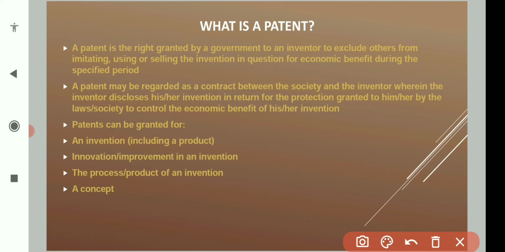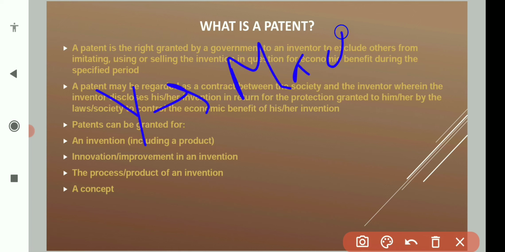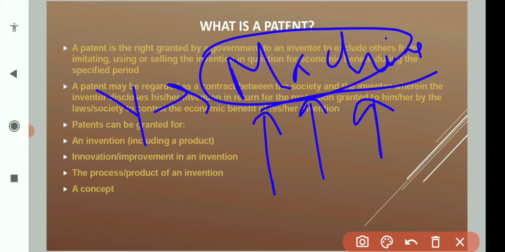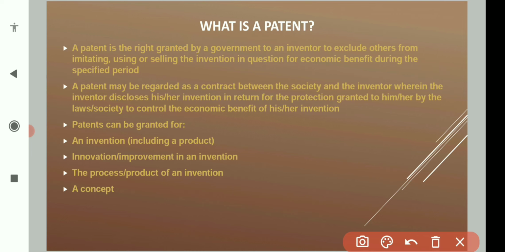For example, if you have made a new machine, you will file a patent. If it is found that this machine has been made by you and it is a new machine, the patent authority will grant you a certificate and the rights, and those rights are known as a patent.